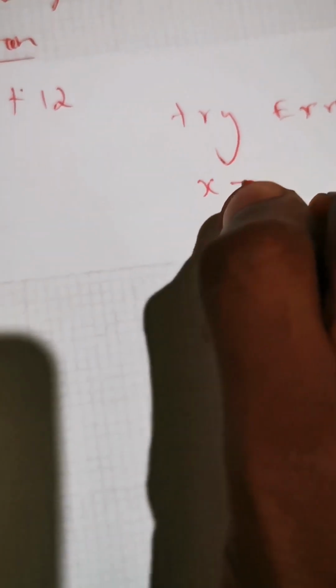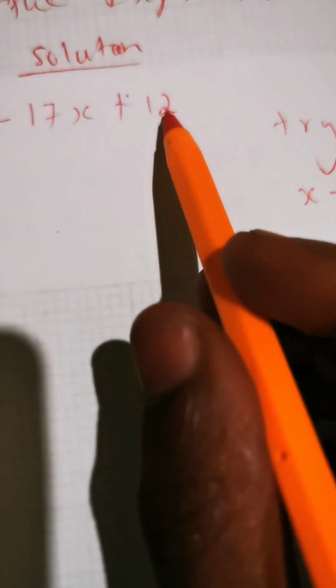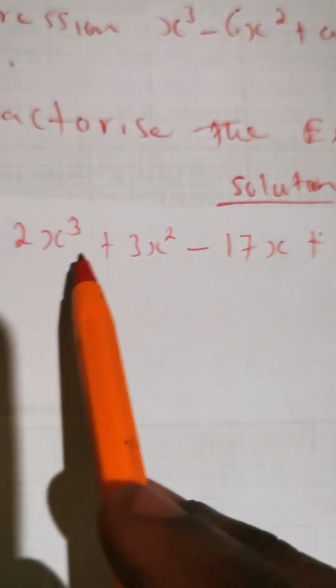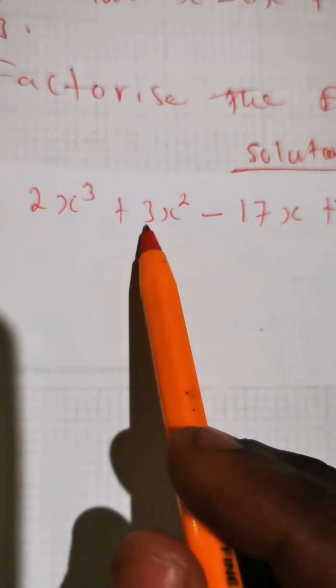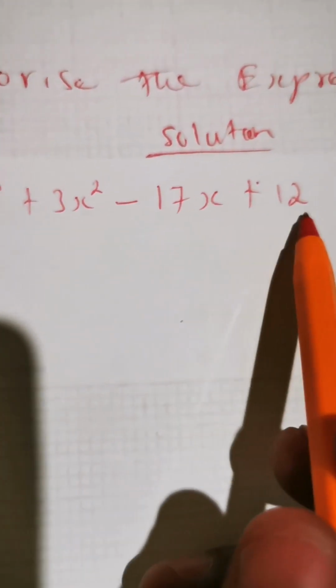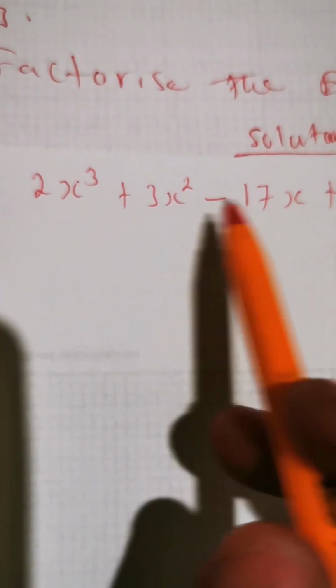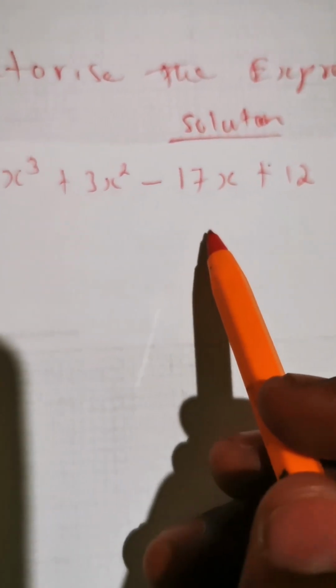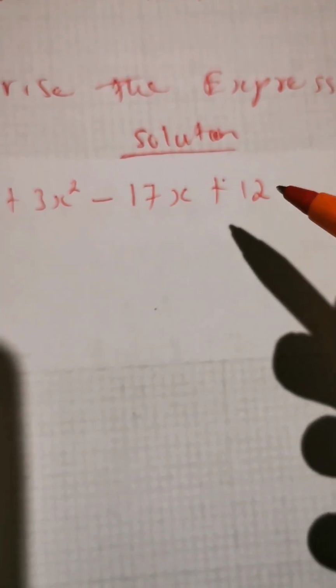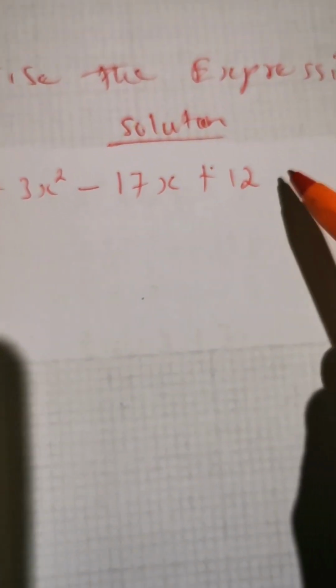I put 1 here to give me 2, 3, 17 and 12. When I punch it on a calculator, putting 1 as x, I get 0, meaning it is divisible. If you are not getting 0, it's not divisible. So I'm getting 0, so it's divisible.